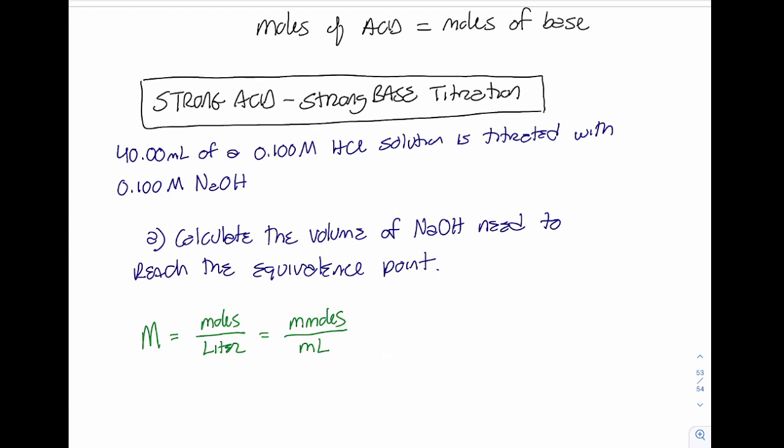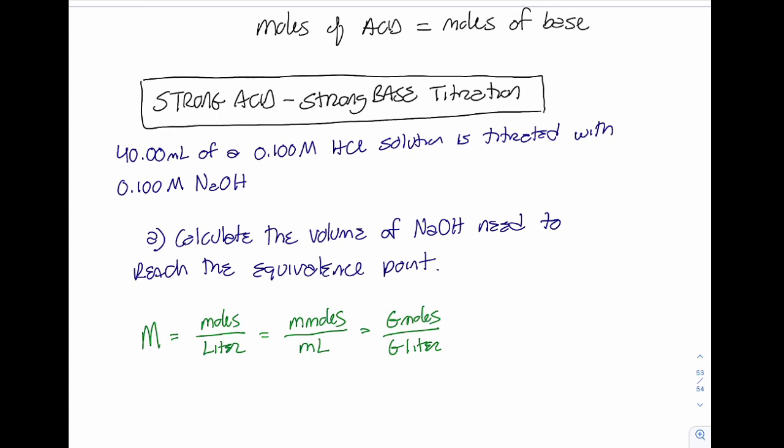Those 10 to the negative thirds cancel. So molar is the same thing as millimoles per milliliter. And you can use any metric prefix if you want. We could do gigamoles per gigaliter. You would multiply the top by 1 billion, multiply the bottom by 1 billion, and those billions would cancel out. As long as the ratio is the same, it's still going to be molarity.